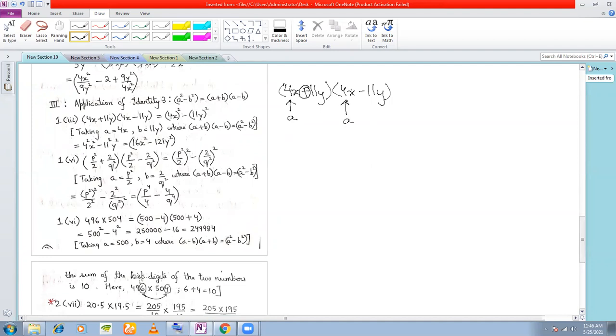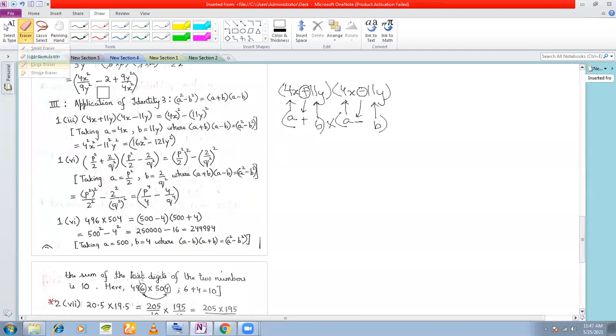You have a plus sign here, a minus sign here, and here you have a b, and here also you have a b. That means this is a plus b into a minus b, right? So this is what you must notice here.